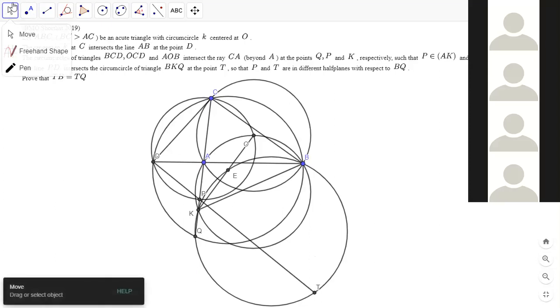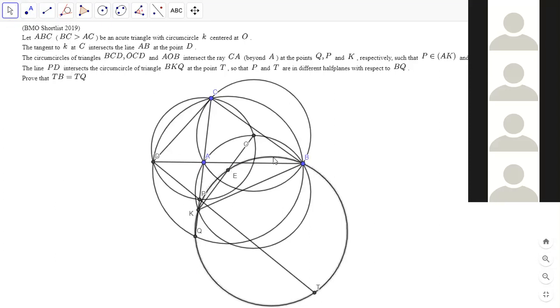So, Stefan, you mentioned that E lies on this circle, right? Oh, because if they're really tangent, then angle TQE would be 90 and angle TBE would be 90. So that's kind of how you saw that, right?